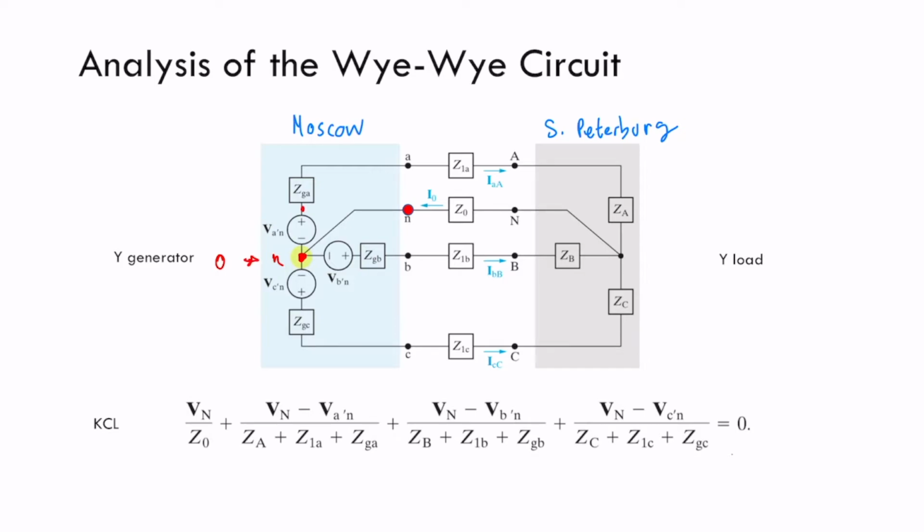For example, what is the voltage in this point? Well, the voltage in this point is VA prime N. So it is the voltage in A prime with regard to N. That is basically the drop of voltage in here.